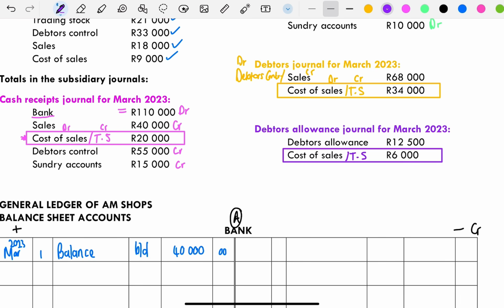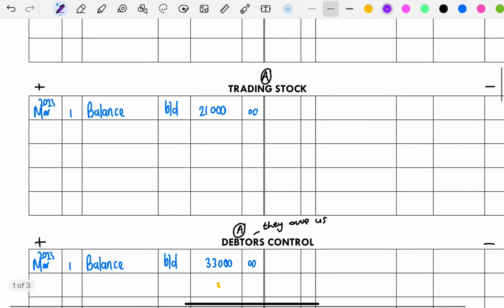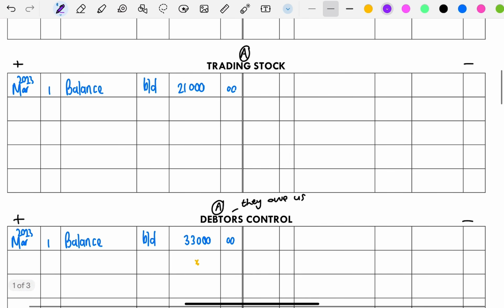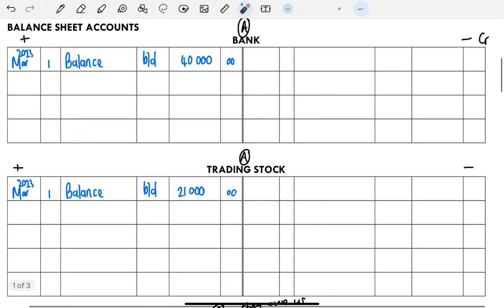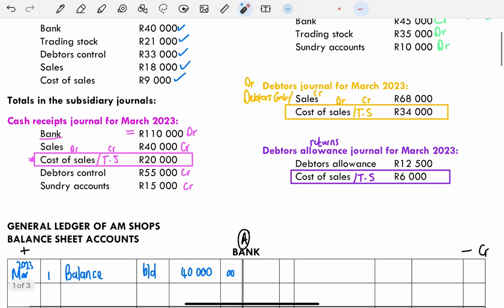Remember in the Debtors Allowance Journal, debtors returns get recorded here, which means when the debtor returns stock, if I'm getting stock back from my debtor and it's still in working condition, it means my stock is now increasing. So you'll see that these two costs of sales are really just the opposite. We treat them in an opposite way because this time the trading stock's coming back.